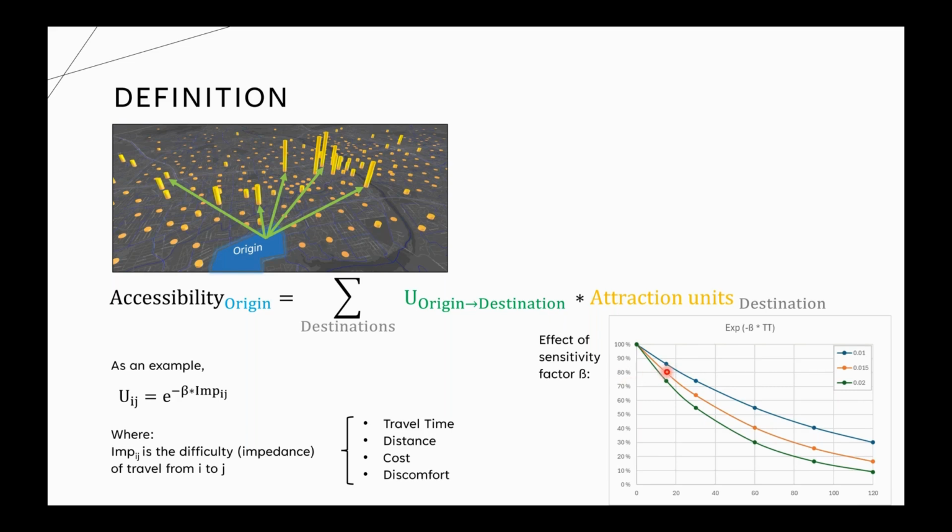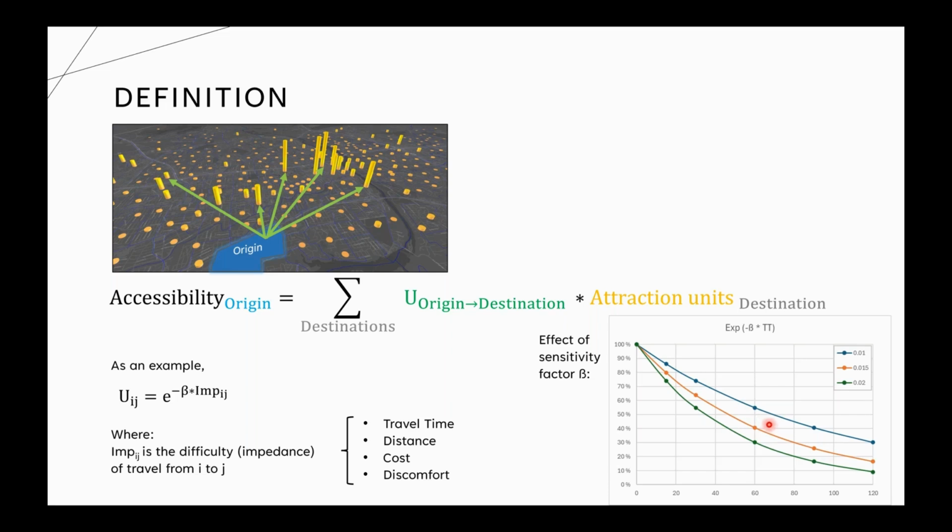Or in other words, for an individual, there is a chance of 80% that the individual accepts the trip. When it comes to travel time of 60 minutes, then this percentage drops to 40%.